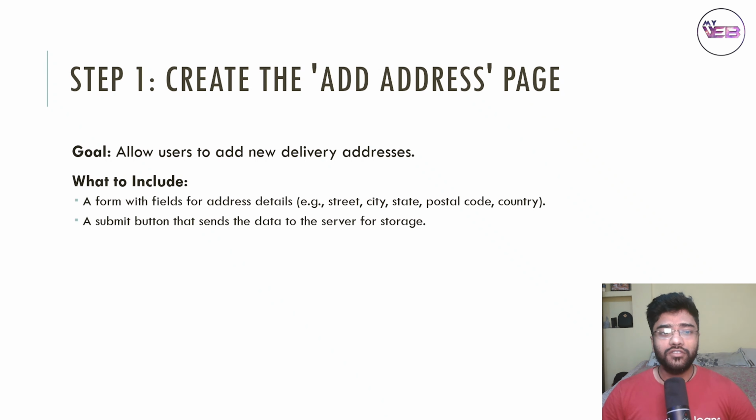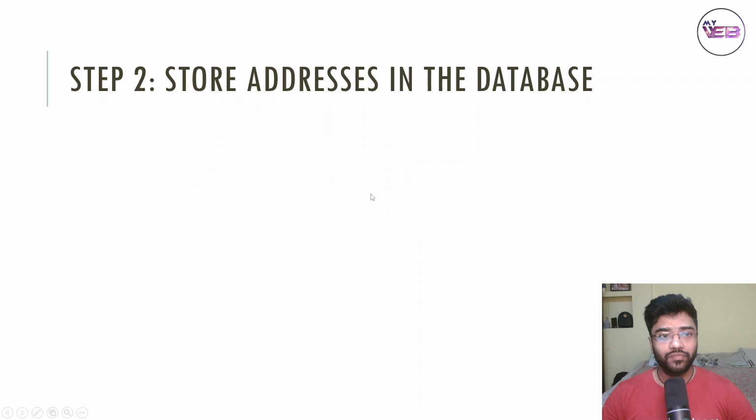A form with fields for address details like street, city, state, postal code, country. I already did that part of the form. I just need to move that form to that specific address page. A submit button that sends the data to the server for storage.